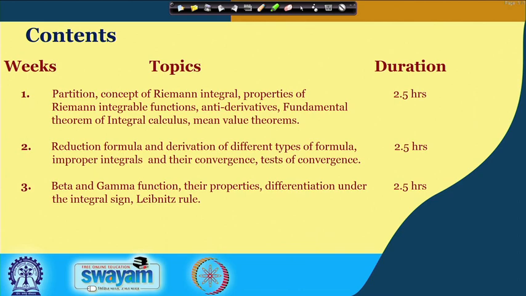There are several tests, and we also worked out a few tests with the help of which we can show the convergence of an improper integral. That was up until the last lecture. Today we will jump into a new topic in our integral calculus section, which is basically beta and gamma functions.